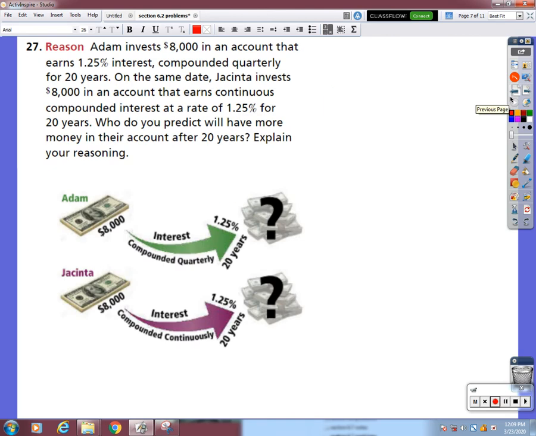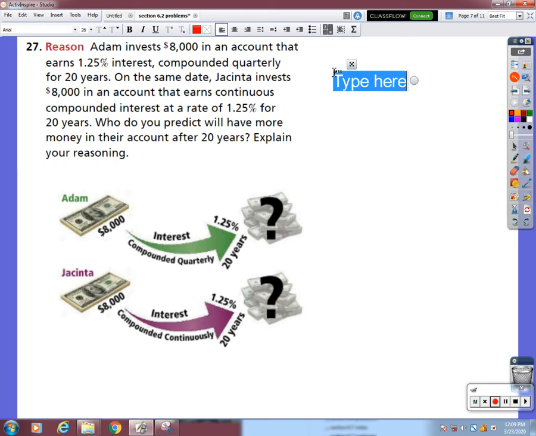All right, the next one. Adam invests $8,000 in an account that earns 1.25% interest compounded quarterly for 20 years. On this exact same date, Jacinta invests the same amount of money in an account with the same interest rate for the same amount of time, but her interest is being compounded continuously, where his is only being compounded quarterly.